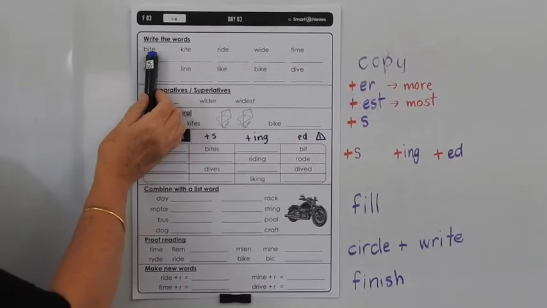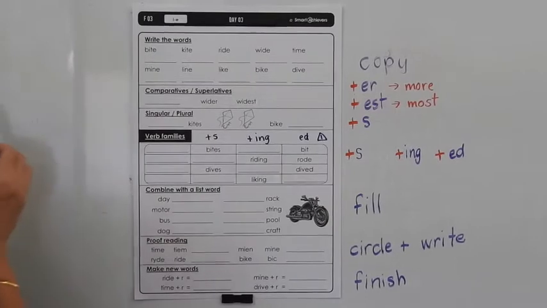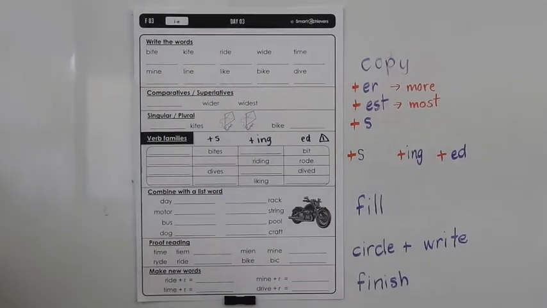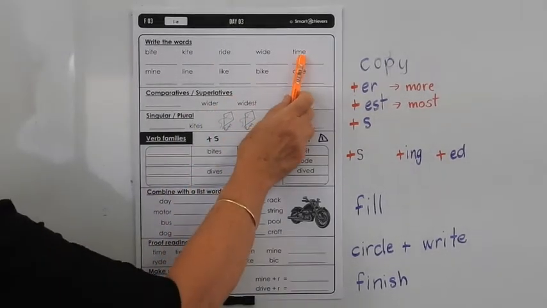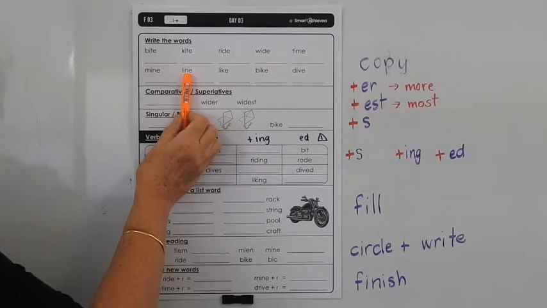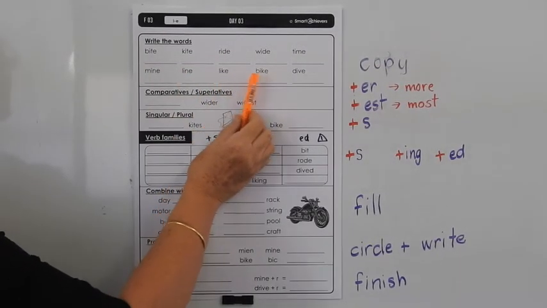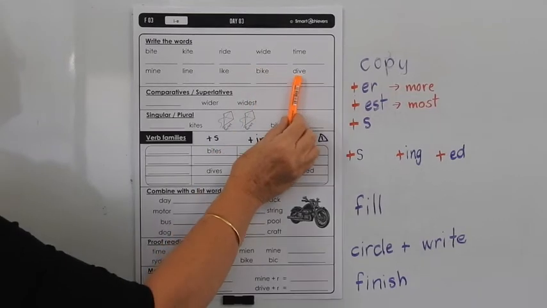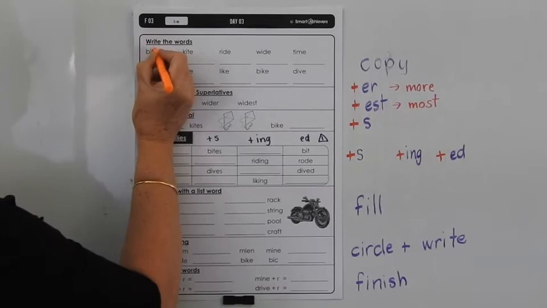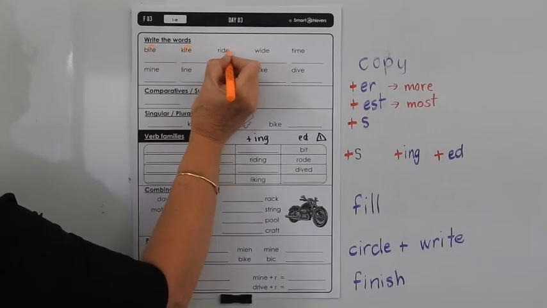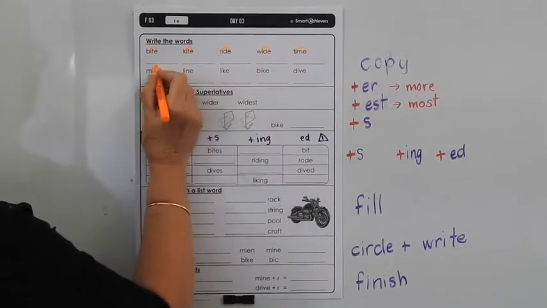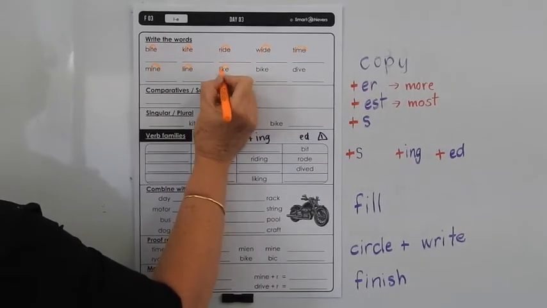So we've got bite, kite, ride, wide, time, mine, line, like, bike, dive. So you can go back and highlight the E, making that I make its name sound, its long sound, in all of those words.